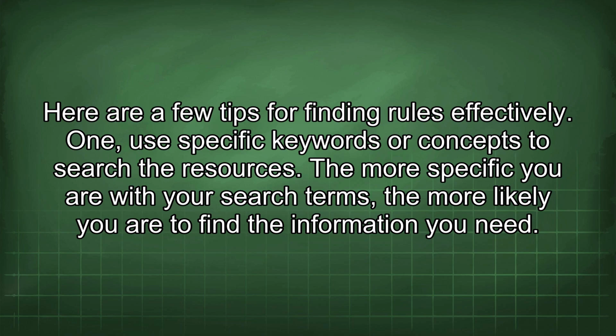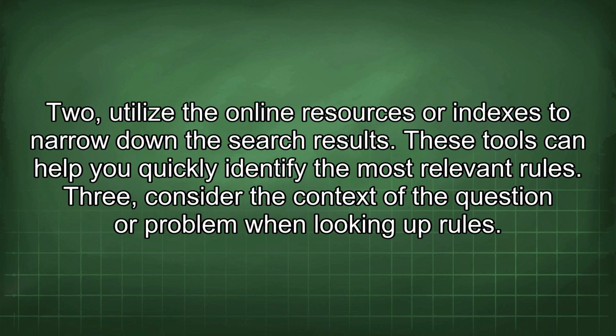Here are a few tips for finding rules effectively. 1. Use specific keywords or concepts to search the resources. The more specific you are with your search terms, the more likely you are to find the information you need. 2. Utilize the online resources or indexes to narrow down the search results. These tools can help you quickly identify the most relevant rules. 3.